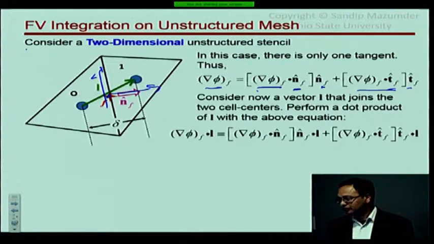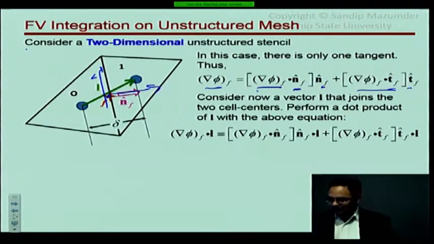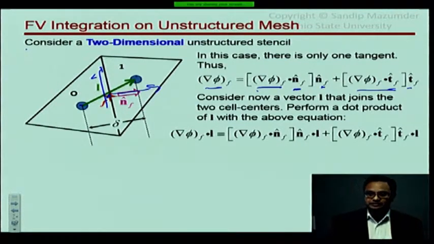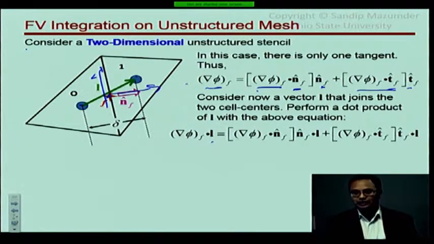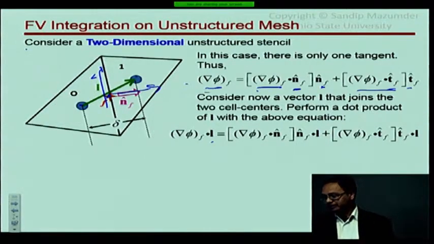Now we are going to consider this L vector, which is joining 0 and 1, the two cell centers. I'm going to take this equation and dot it with that vector L. Gradient of a scalar is a vector, we can see that clearly.